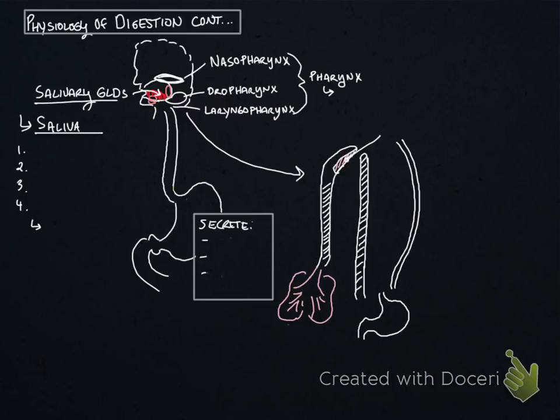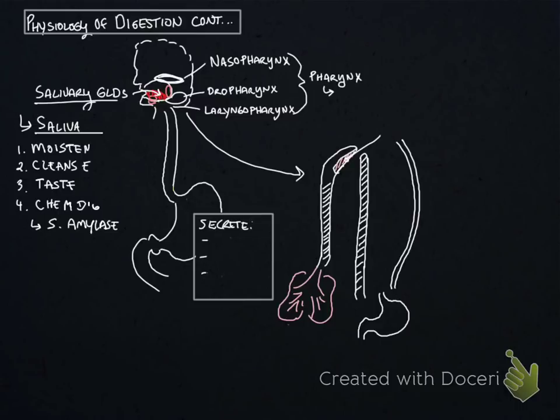Saliva acts to moisten, cleanse the mouth, allows for taste, and also begins chemical digestion with the secretion of salivary amylase, which helps to start digesting starch, which is a carbohydrate, a complex carbohydrate.